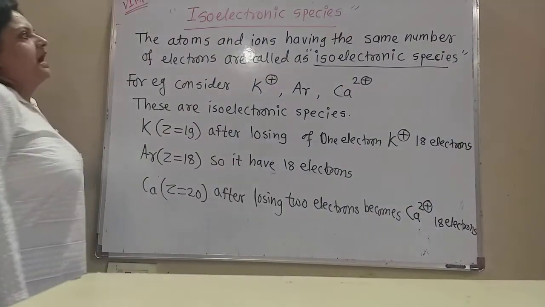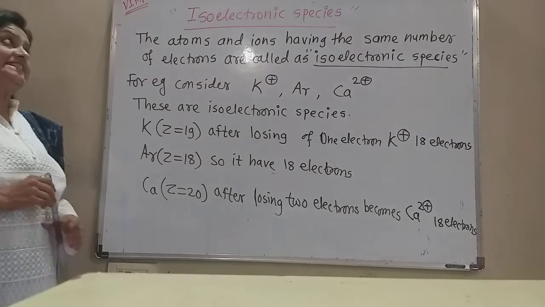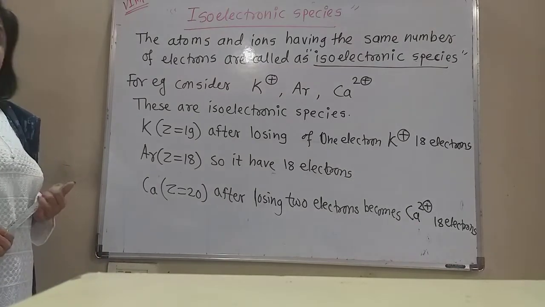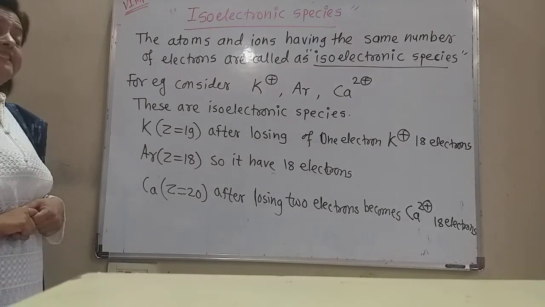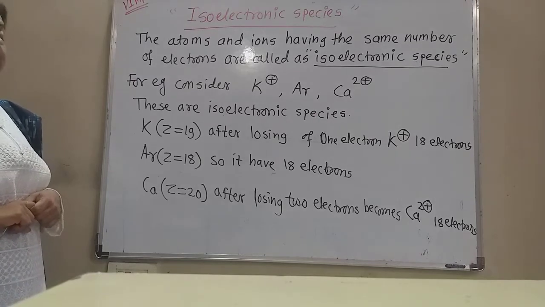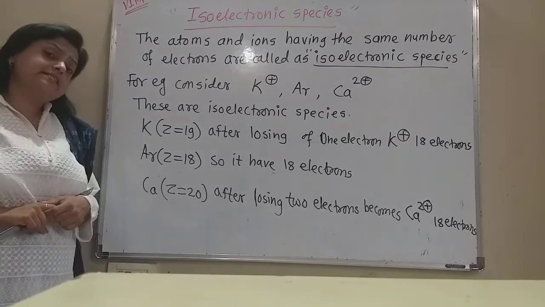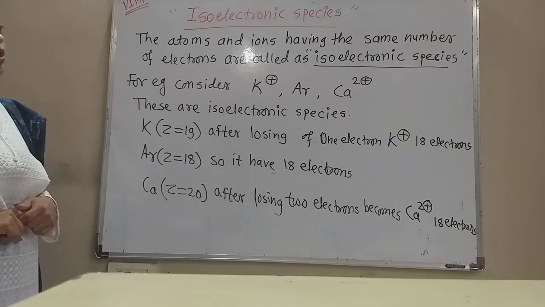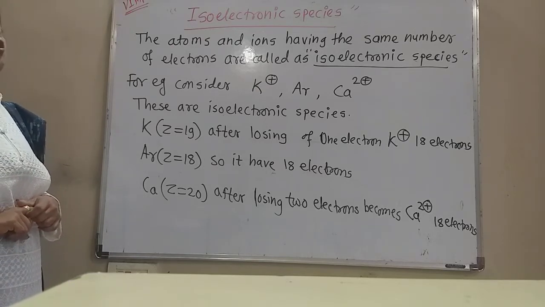Now see the isoelectronic species. What are the isoelectronic species? Iso means same. There are some atoms and some ions which have the same number of electrons.